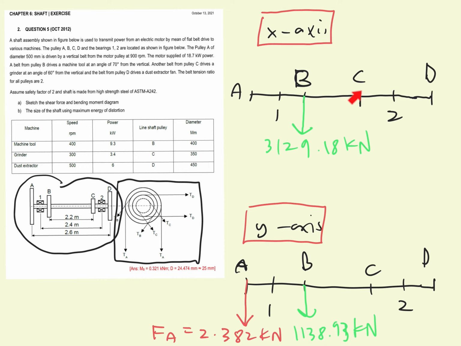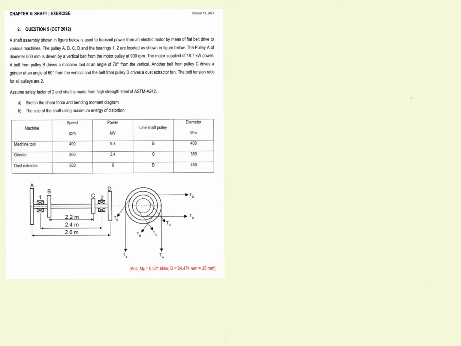For pulley C, in terms of the x-axis, there will be a force value, and also for the y-axis it has a value. Sorry, not kilonewton but Newton. Now we will solve for pulley C to find the total force acting at pulley C.